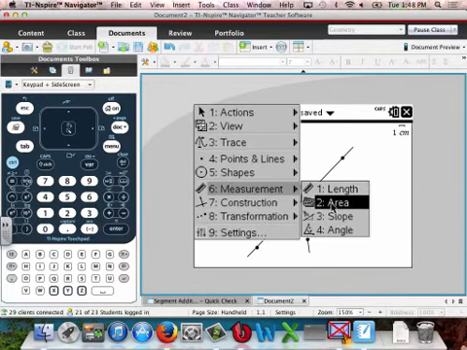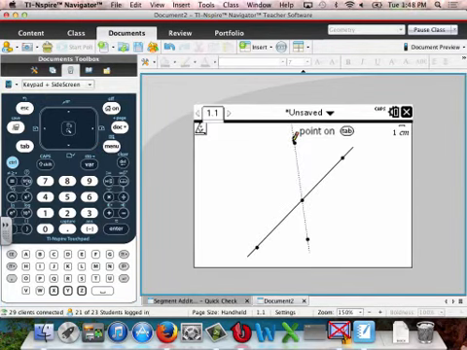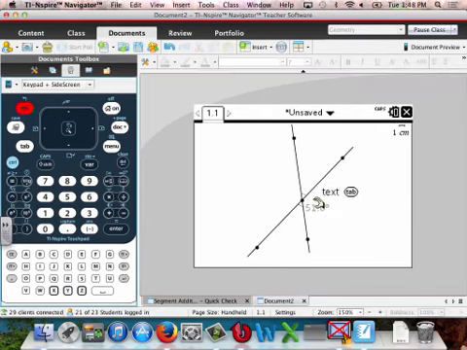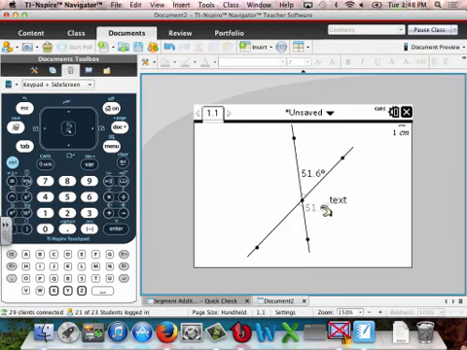Watch their measurements. What do you notice about these two angles? They're the same.